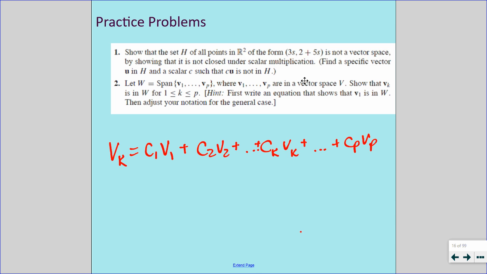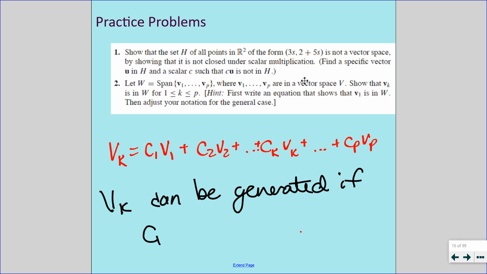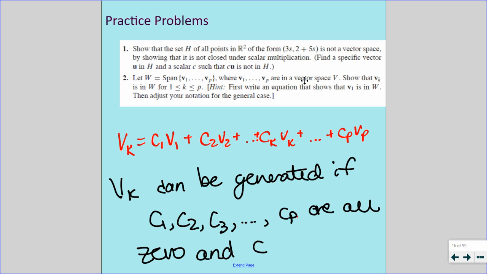To show it is in W, all you have to do is show that VK can be generated if C1, C2, C3, etc., through CP are all 0, and CK equals 1.